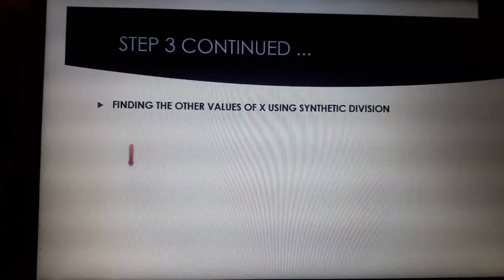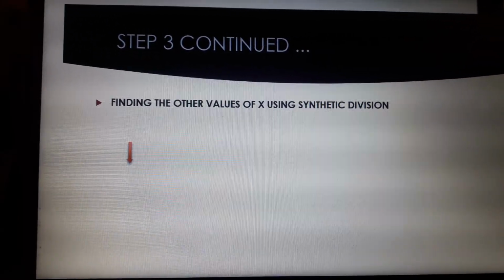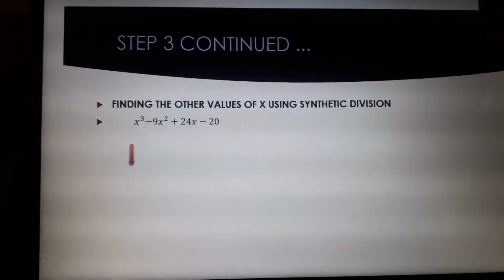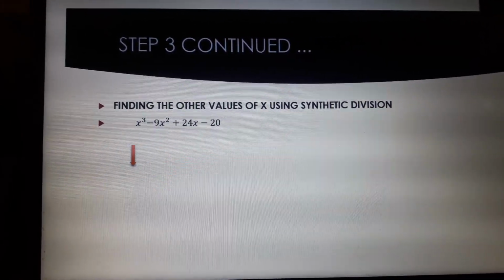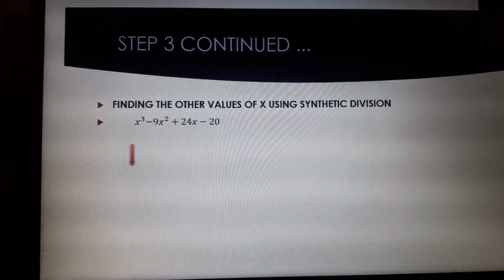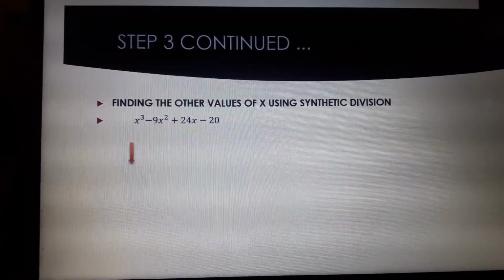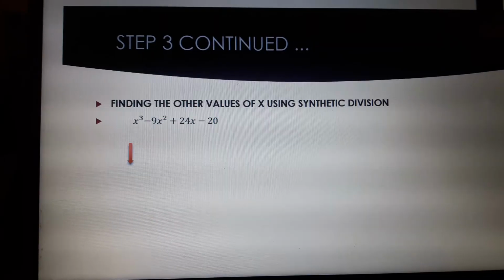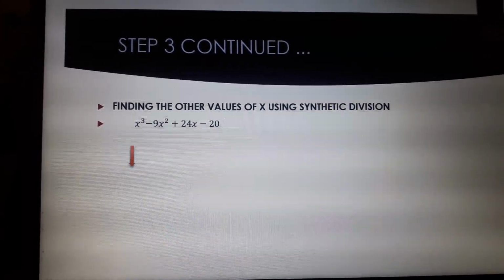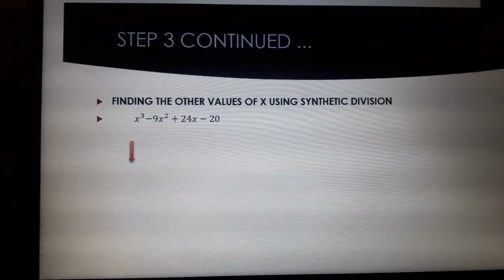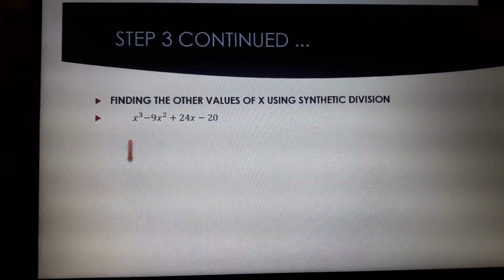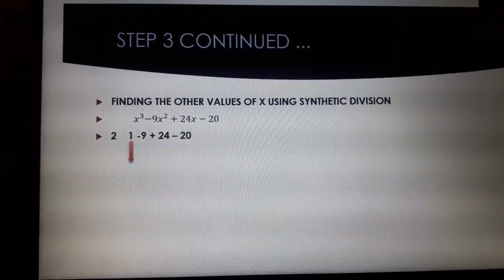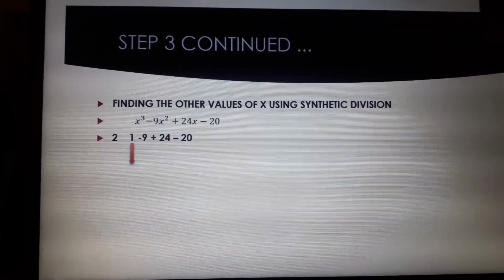We are working out the other values of x using synthetic division. Using our original equation, we take the coefficients a, b, c, d, the coefficients of x, and put them there as is, and we divide by 2.